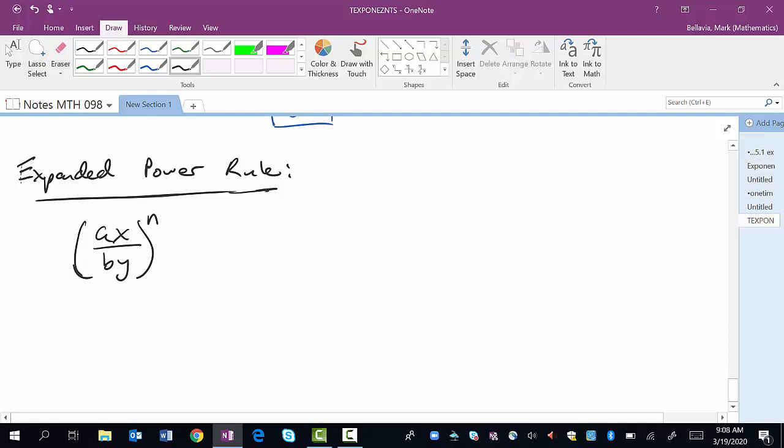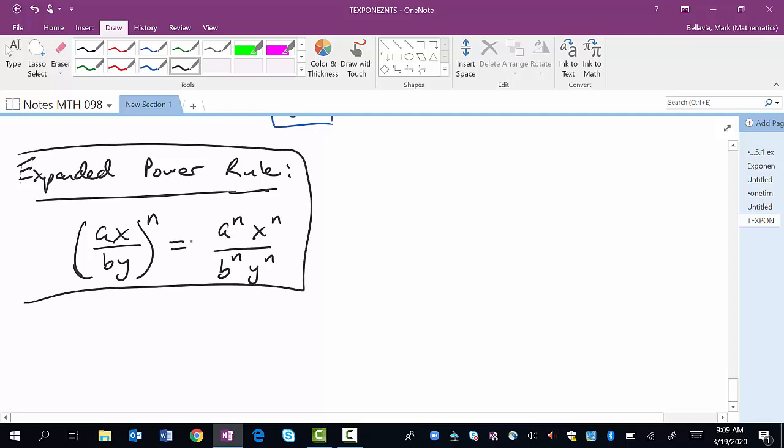So you have something that's being multiplied or divided, and it's all being raised to a power, right? So this doesn't apply to addition and subtraction inside. It's only multiplication or division inside. And what the expanded power rule says is that you're allowed to bring that power to each of these factors that you see inside. So you can write this as a to the n, x to the n, over b to the n, y to the n. So that exponent of n goes to all of the factors on the inside. That's the expanded power rule.